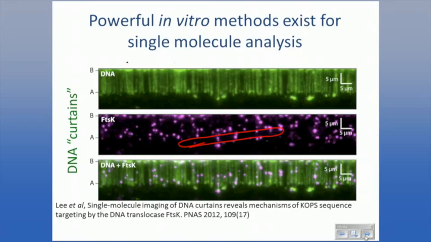For example, this FITS-K is a DNA translocase, so you can watch the nature of how it moves. This has also been used, for example, to look at DNA binding proteins sliding up and down on the DNA, and if you put, for example, a nucleosome there, it'll stop and can't go through the nucleosome, as one example of how this has been used.